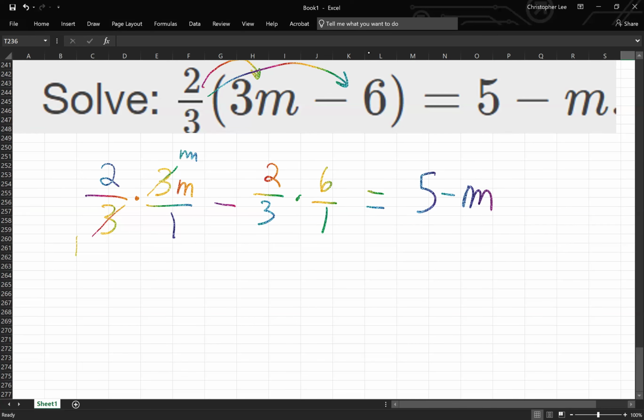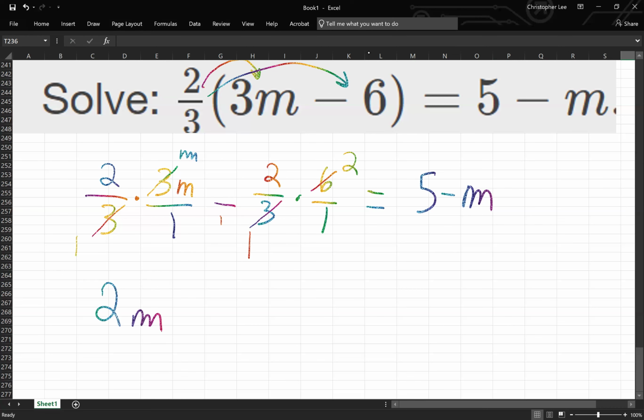Okay, I understand what you mean: 3 goes into 3 once, 3 goes into 6 two times. But let me come back to the first term. After I reduced it, it starts with an m, so I multiply straight across. 2 times m is 2m.